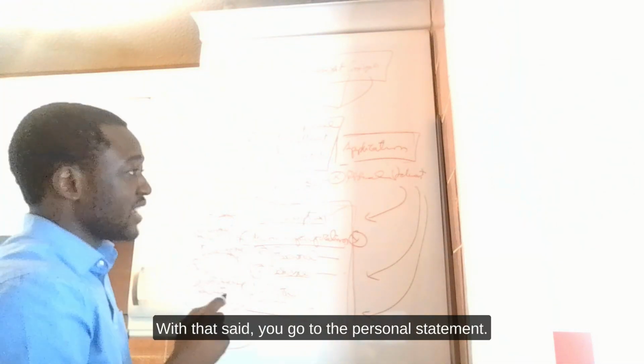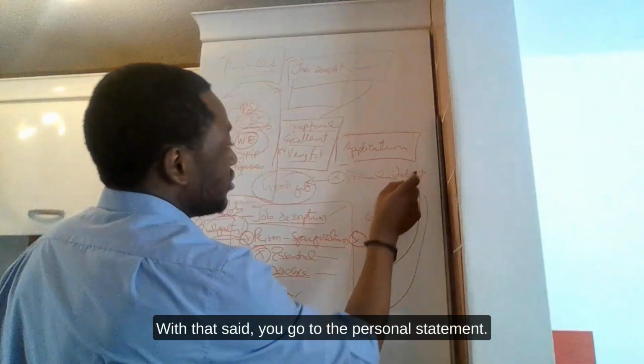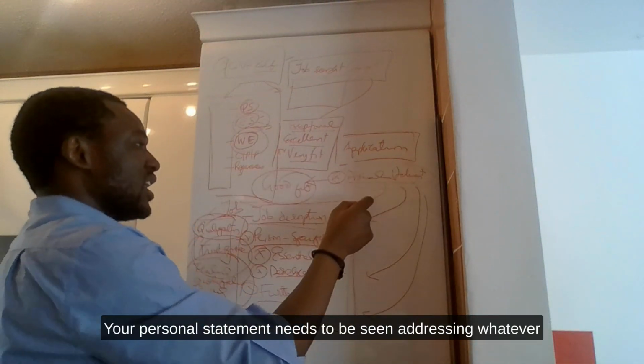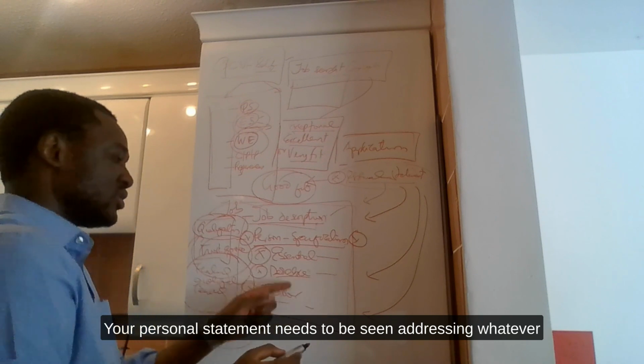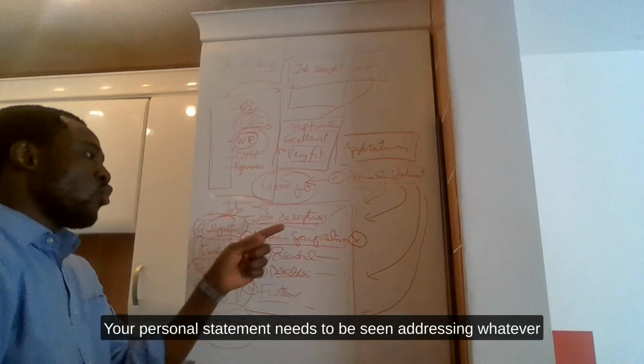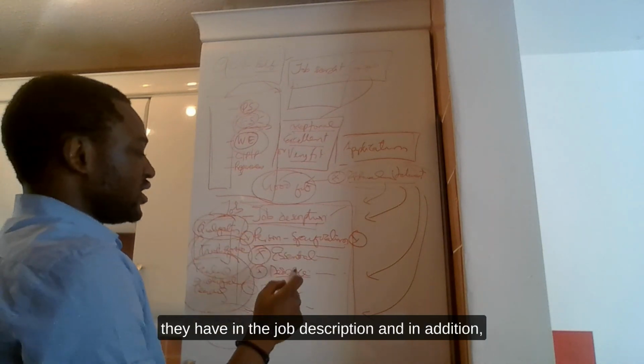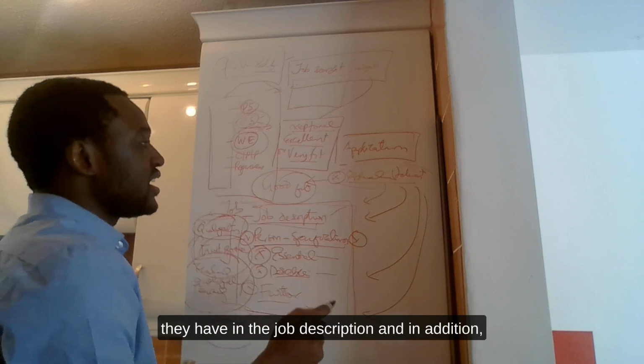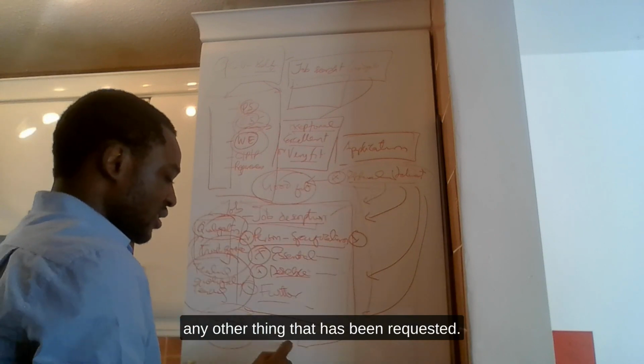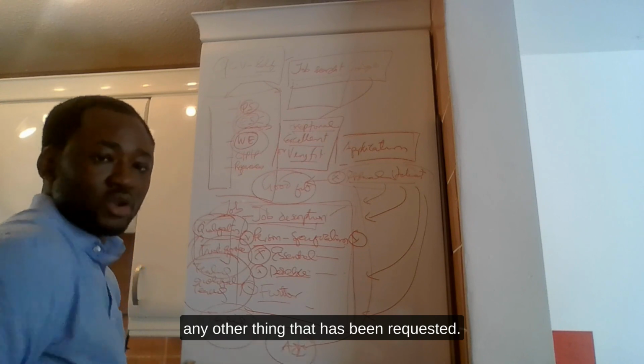Yes, with that said, you go to the personal statement. Your personal statement needs to be seen addressing whatever they have in the job description, and in addition, any other thing that has been requested.